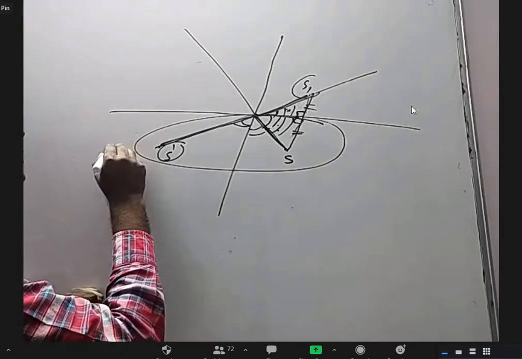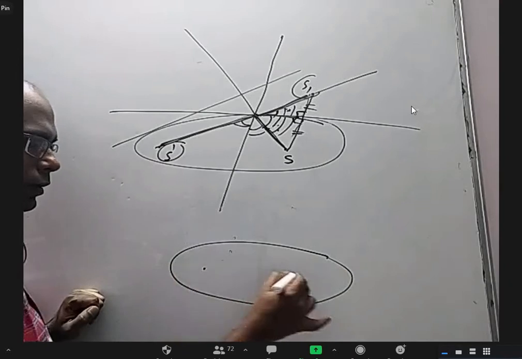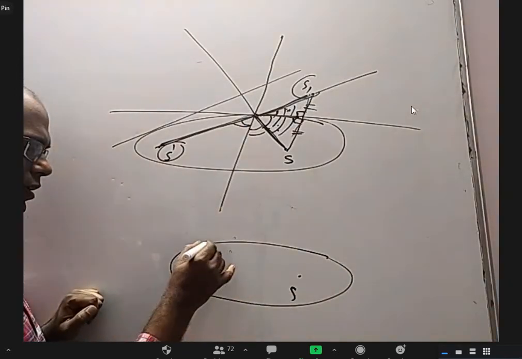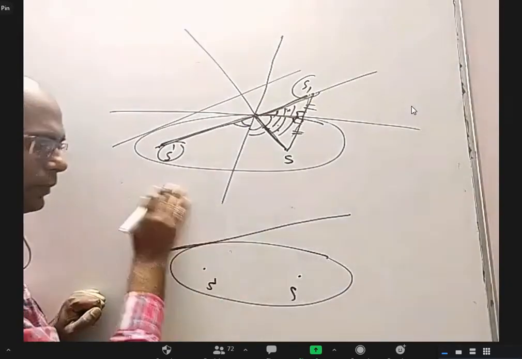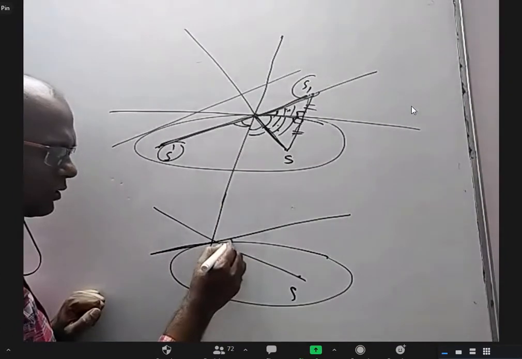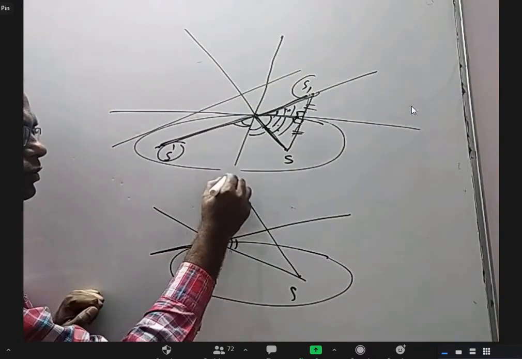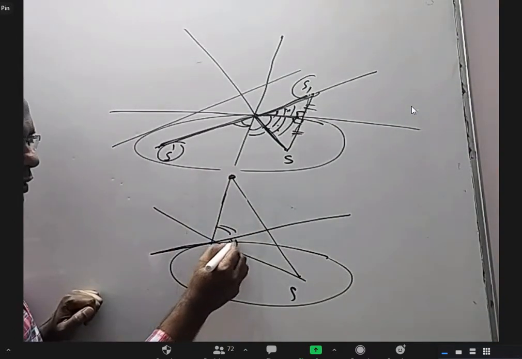For example, if somebody takes some other tangent, let me draw another figure. This is S dash and this is S, and draw some tangent here. And we know it will bisect this angle, that is these two angles are equal. So when you find the mirror image, it has to lie on this, because these two angles are equal.